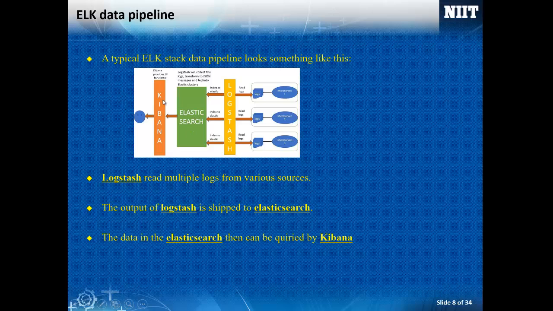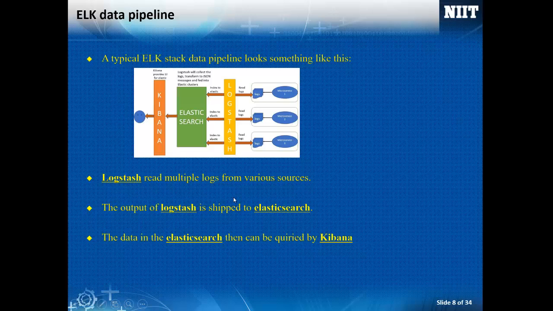Then Kibana, which is a tool that connects with Elasticsearch using the HTTP protocol, extracts the data from here and converts those data into visual form, which can be used by people for analysis and for prediction purposes.